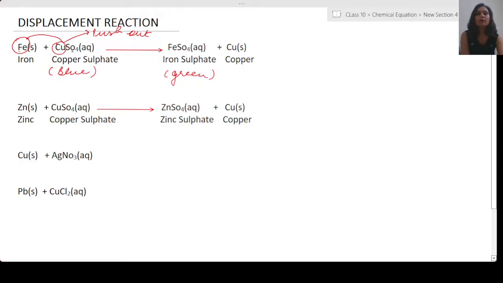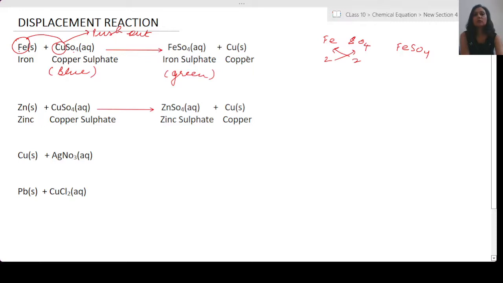Fe will combine with SO4, and to form this compound you will again use valency. Iron valency is 2 and SO4 valency is 2. This 2 will go to Fe and this 2 will go to SO4, but when valencies are the same, they are never shown. So FeSO4 will be formed and copper will be out.